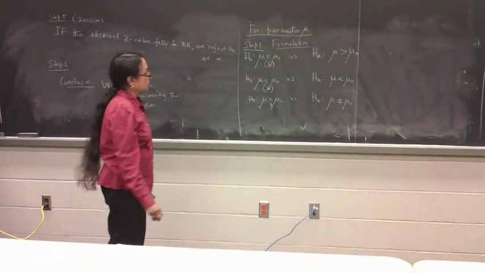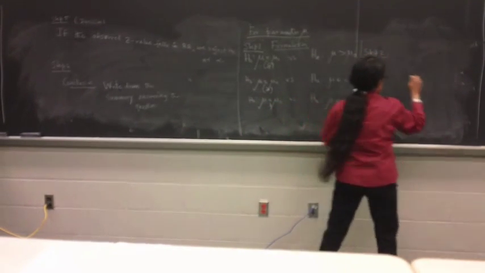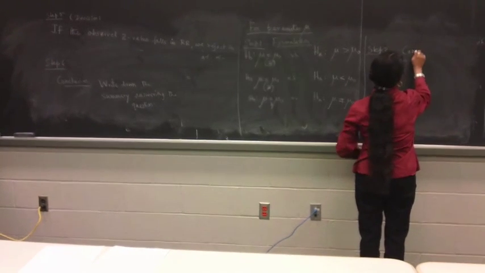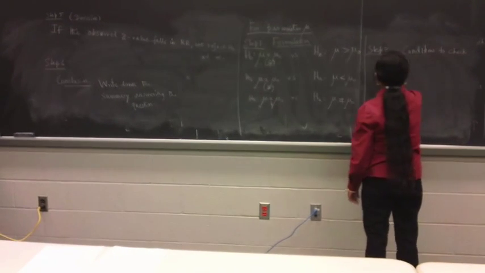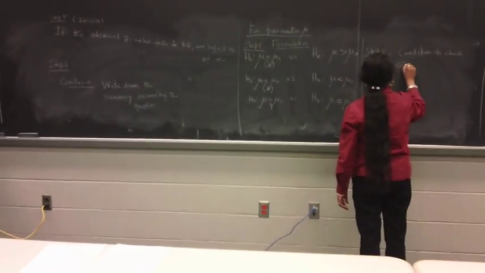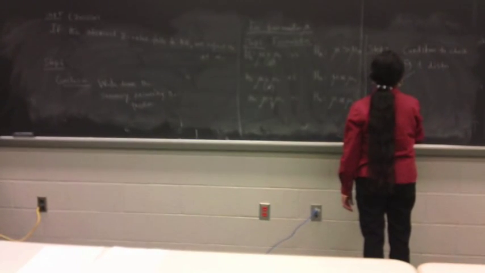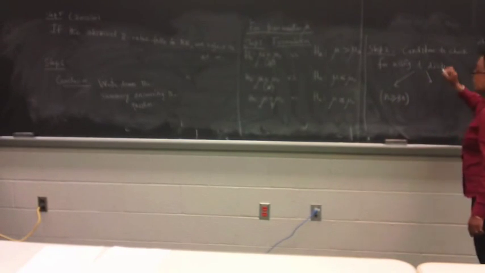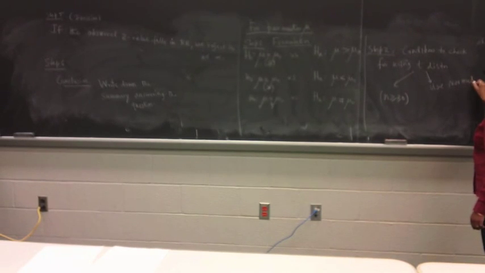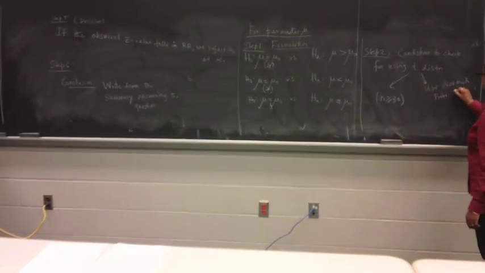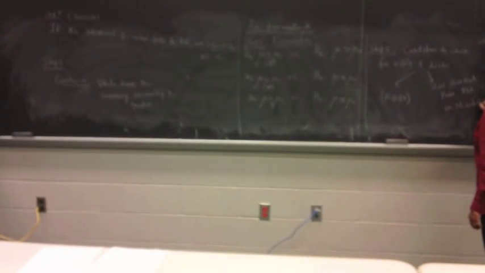Now, step 2 is conditions to check for using the T distribution. Either a large sample n greater than or equal to 30, or it's a normal distribution; use the normal probability plot in Midterm to see whether the data distribution is normal or not.